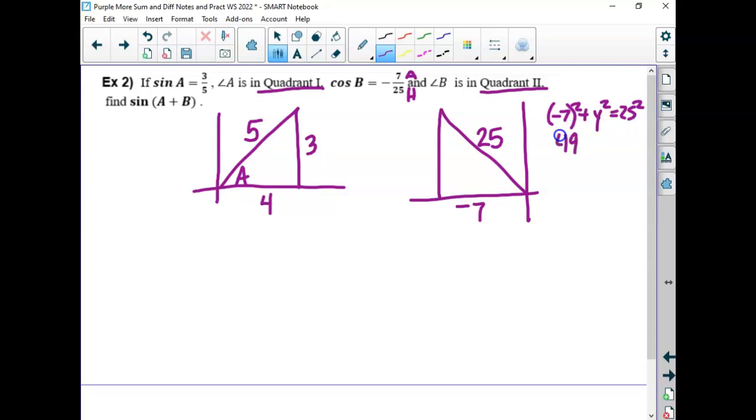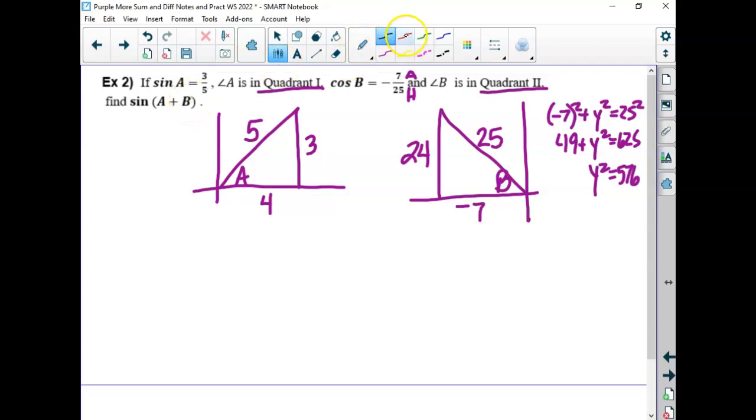This is 49. You don't have to write all that work down, but 576, square root of that's 24. We okay? Does anybody struggle with Pythagorean theorem? Everybody's okay? Okay. And this is angle B.